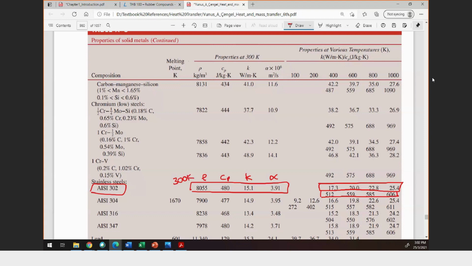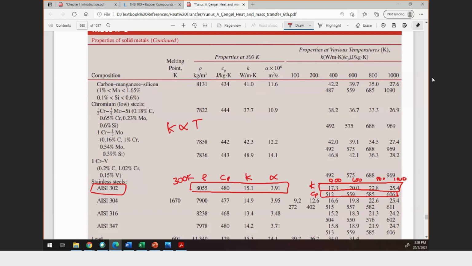But this one is the value of K and Cp at different temperatures: 400, 600, 800, and 1000. Like I said previously, K is a function of temperature.